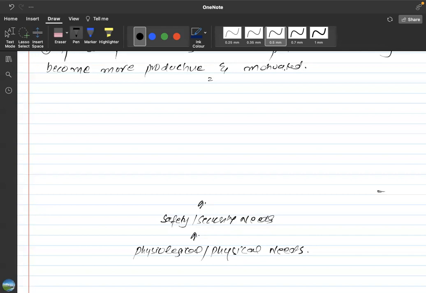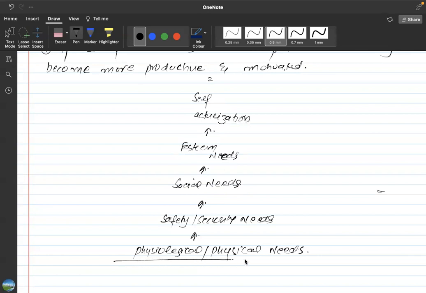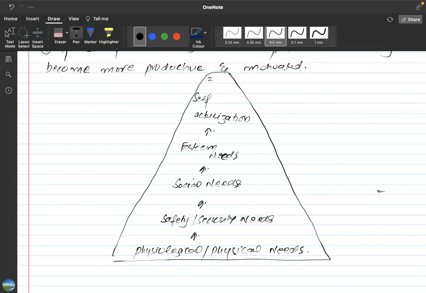The third set of needs are the social needs. The fourth set of needs are the esteem needs. And the fifth set of needs is self-actualization. These sets of needs are represented in the pyramid form that I have drawn in front of you.